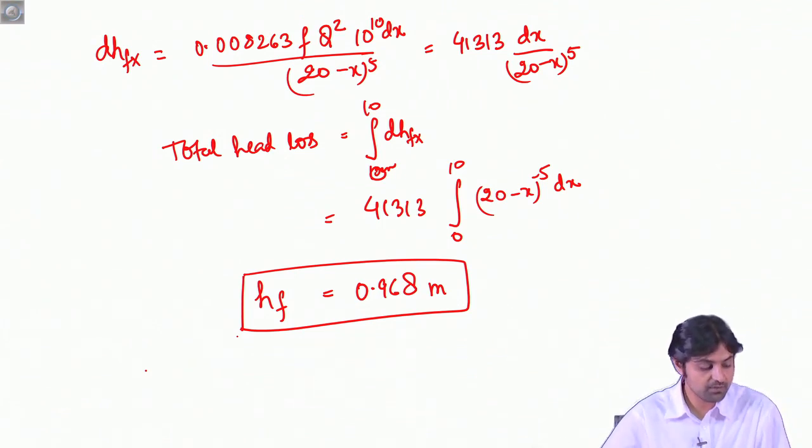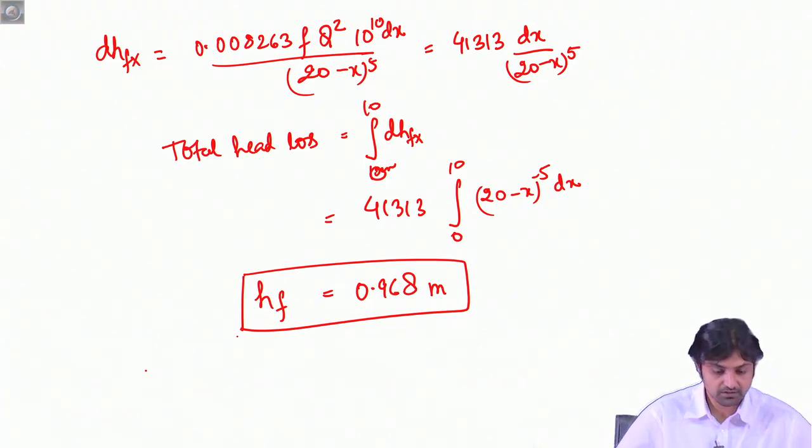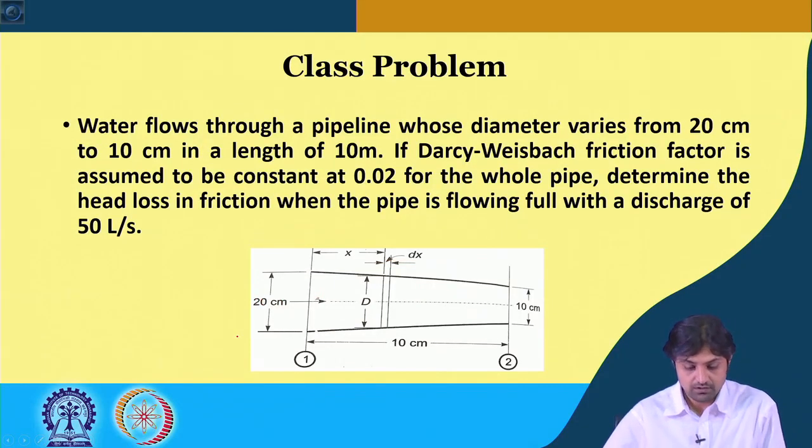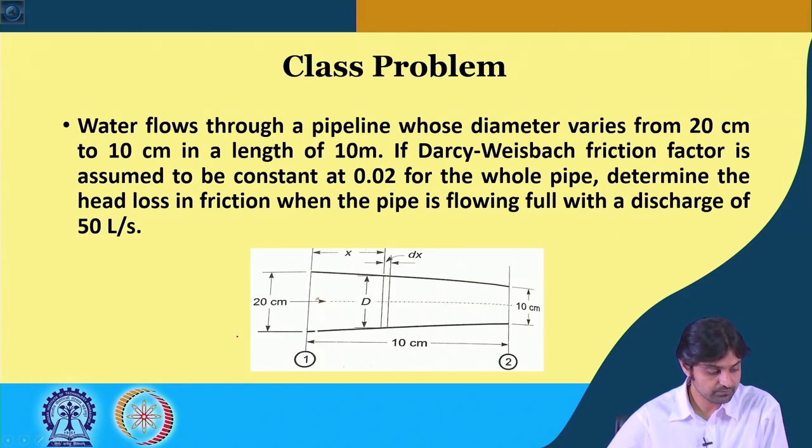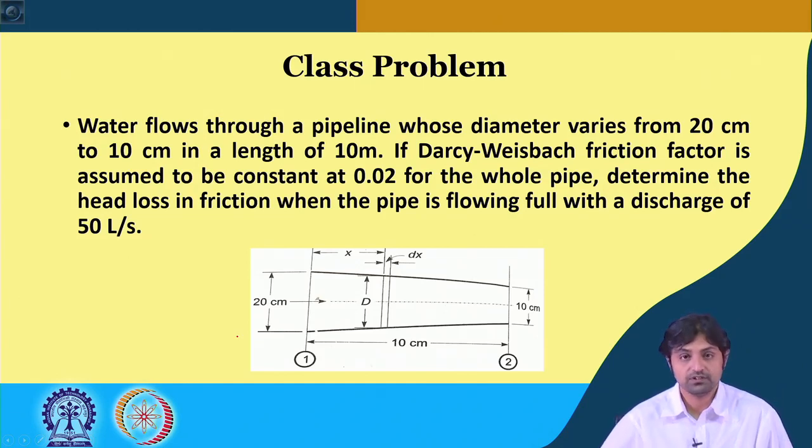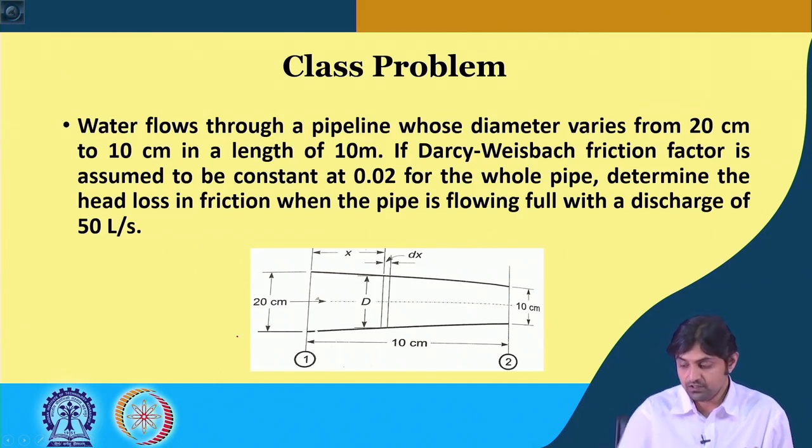All right, a very simple application, because the Darcy-Weisbach friction was already given. So this is one question. So until now what we have done, we have obtained the pressure drop as a function of Darcy's friction F, where F is some function of Reynolds number and epsilon by d.